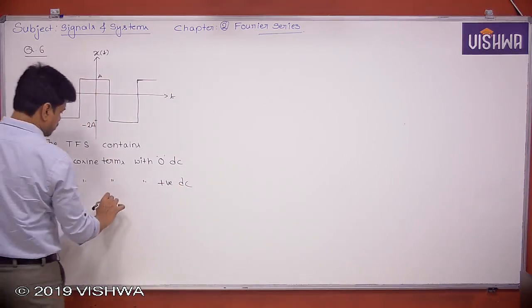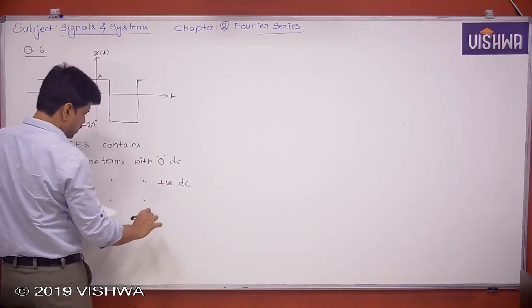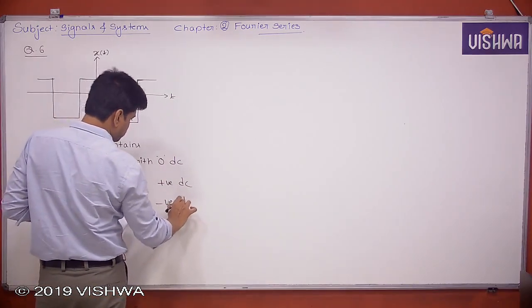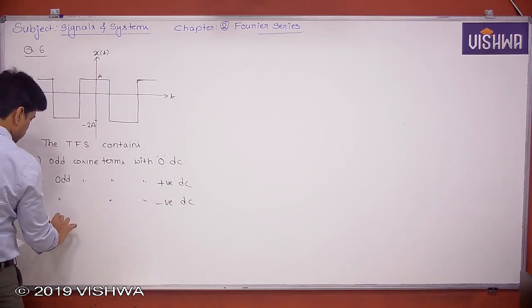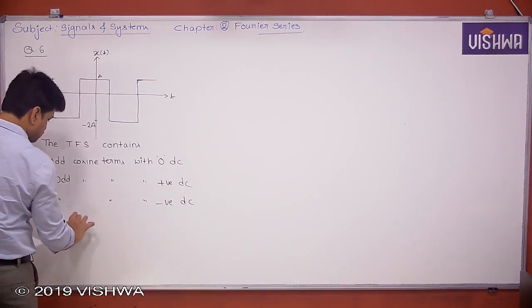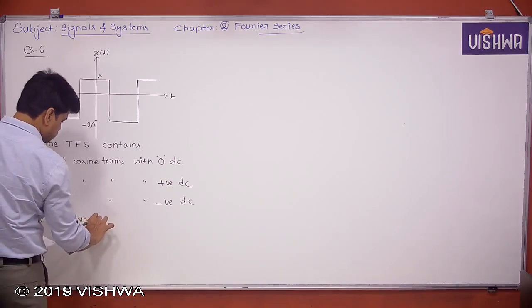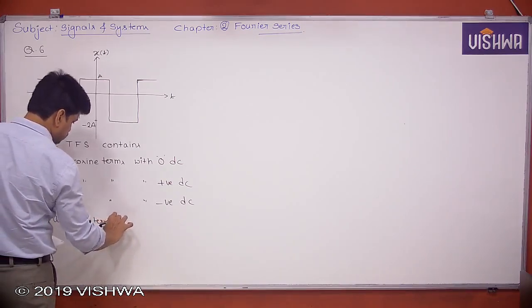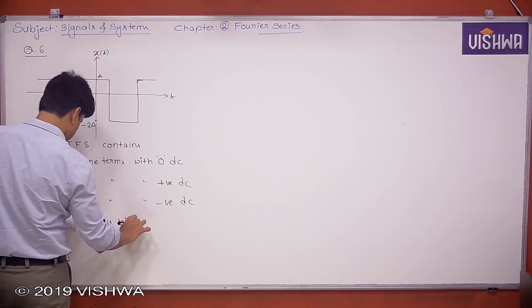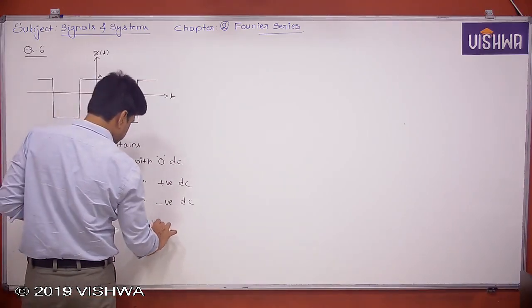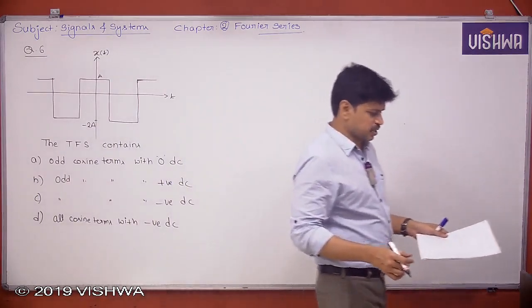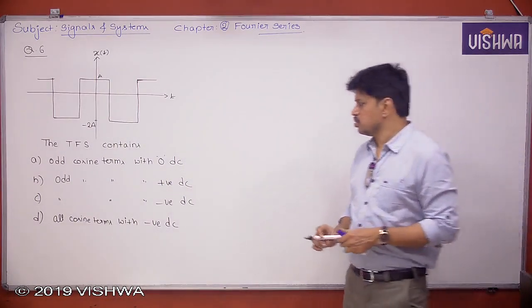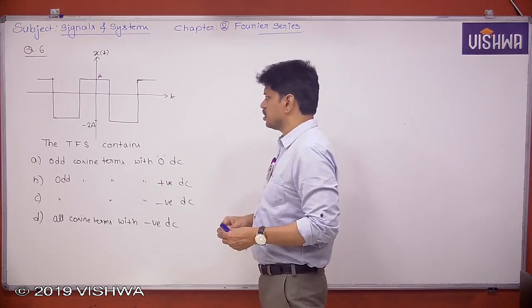Option C, odd cosine terms with negative DC. Option D, all cosine terms with a negative DC. So let's see this question and let me know which option is going to be correct.